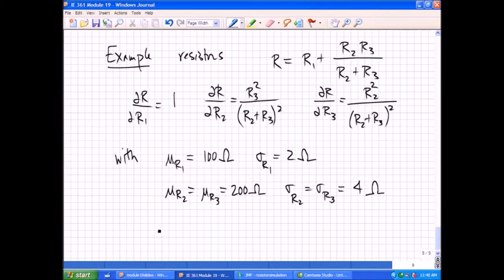Well, this is not a linear function of R1, R2, and R3, but I've got the partial derivatives, and I can make use of these so-called propagation of error formulas.